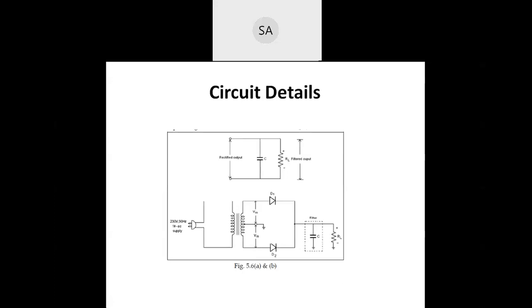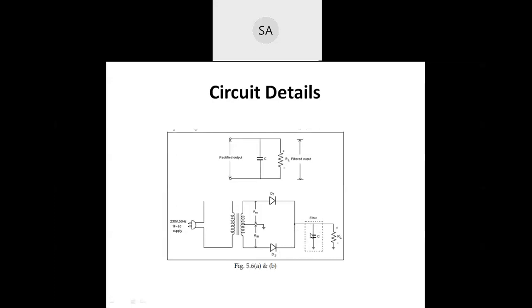So this circuit shows the full wave rectifier with the shunt capacitor. The filter uses a single capacitor connected in parallel with the load resistance RL. In order to minimize the ripples in the output of this rectifier, the capacitor C used in the filter circuit is quite large.